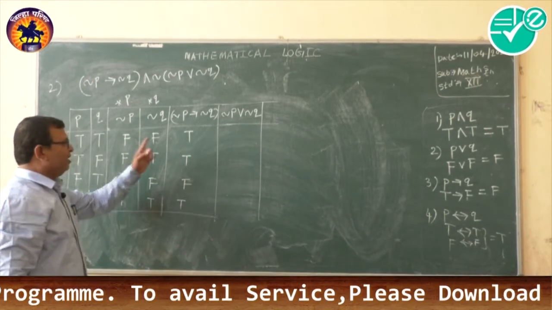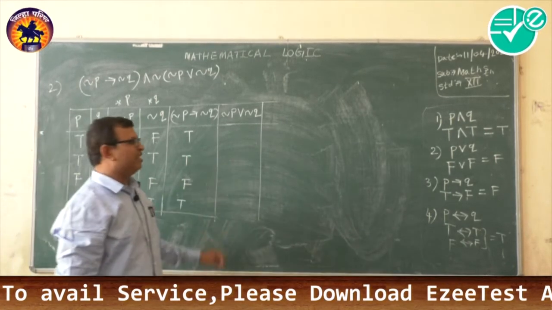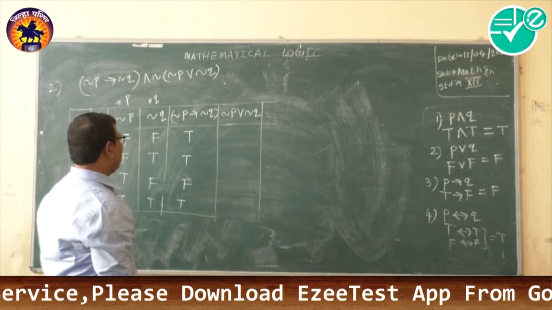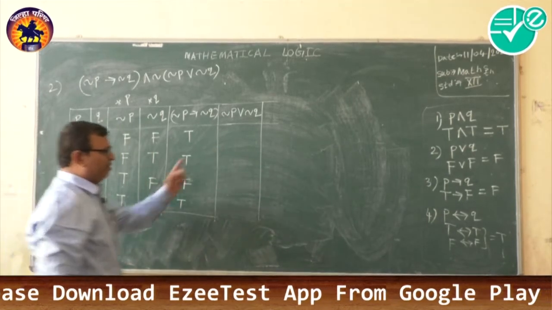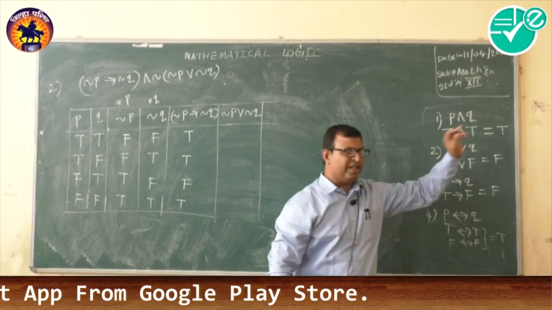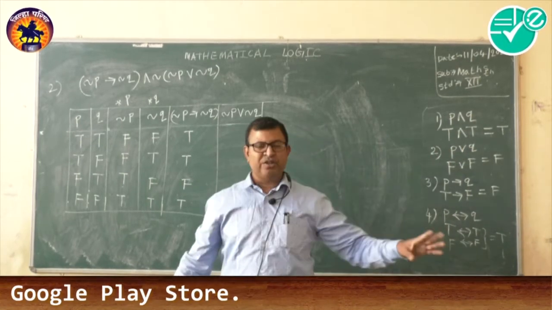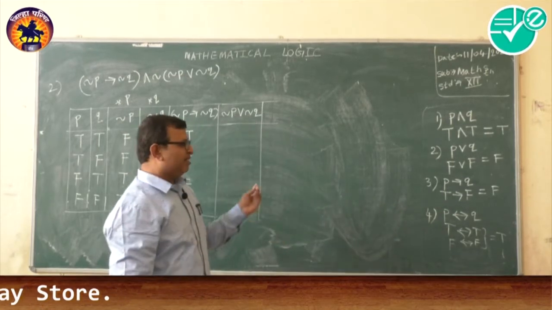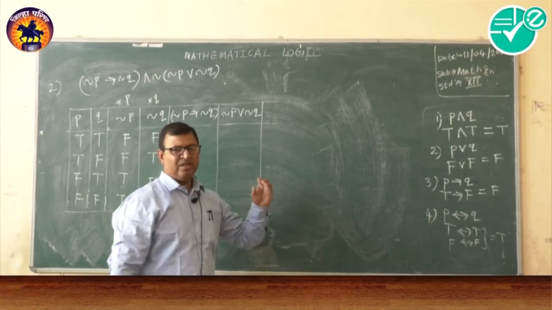What do you have to solve? Negation P, disjunction, negation Q. Now see again, the definition of disjunction: P disjunction Q. If P is false and Q is false, then the disjunction of P and Q is false.